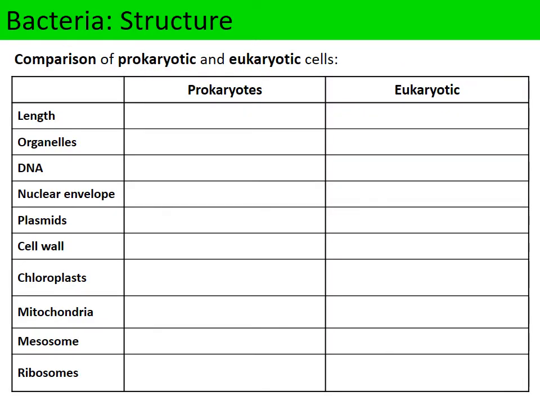Now, if we actually look at the prokaryotic cells on the left-hand side here versus the eukaryotic cells, so these would be animal cells, plant cells, fungal cells, they're all eukaryotic, and also any organisms that belong to the Protoctista.